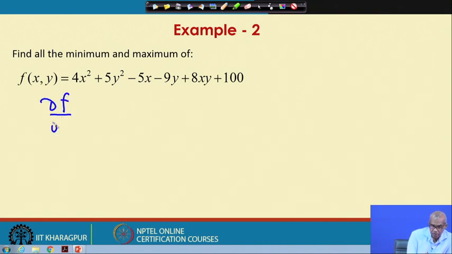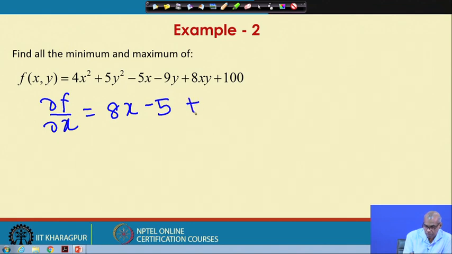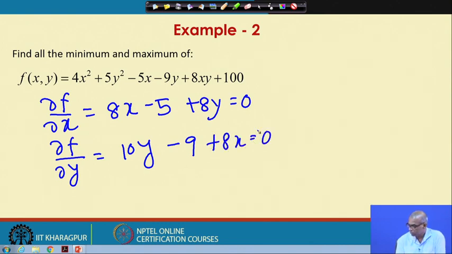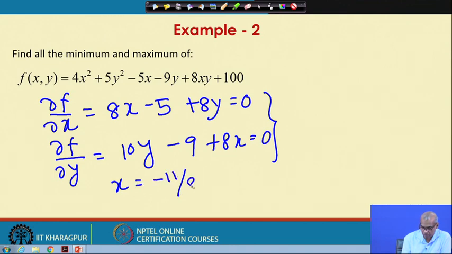So, let us find out del f del x, which will be 8 x minus 5 plus 8 y equal to 0. Then find out del f del y. If we find out del f del y, it will be 10 y minus 9 plus 8 x equal to 0. Solve these two equations simultaneously, you will get x equal to minus 11 by 8 and y equal to 2.